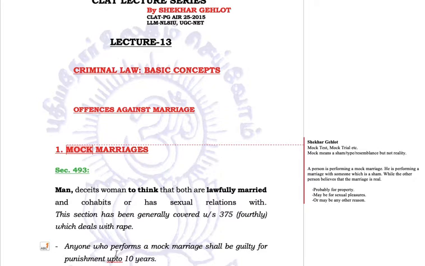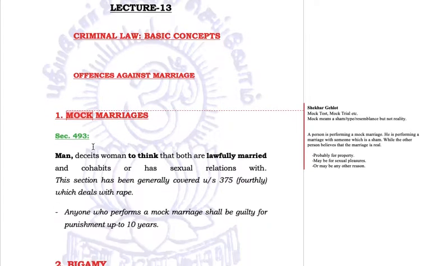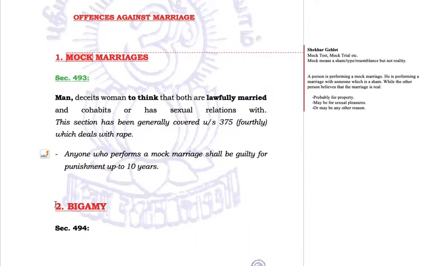That means anyone who performs a mock marriage shall be punishable with imprisonment of up to 10 years. So this is the first offense against marriage, mock marriage. Then we go to bigamy.